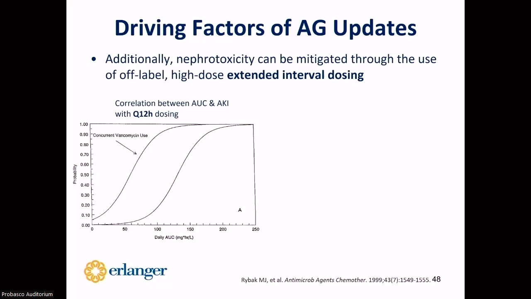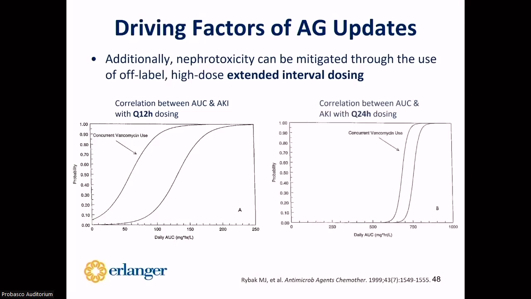And additionally, we now know that nephrotoxicity can be mitigated through the use of off-label, high-dose, extended interval dosing. This was a study published by Rybak and colleagues in 1999, which looked at mostly gentamicin and tobramycin use. And we can see here, this first image shows Q12 dosing and the correlation between AUC and AKI, as well as when it was combined with vancomycin.